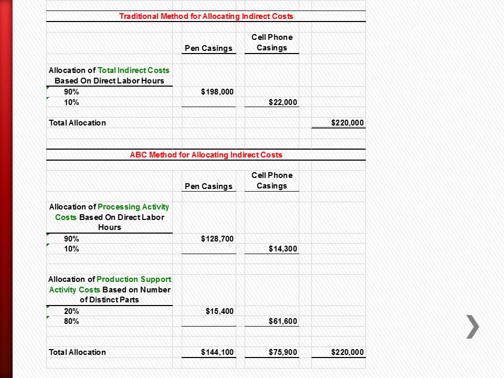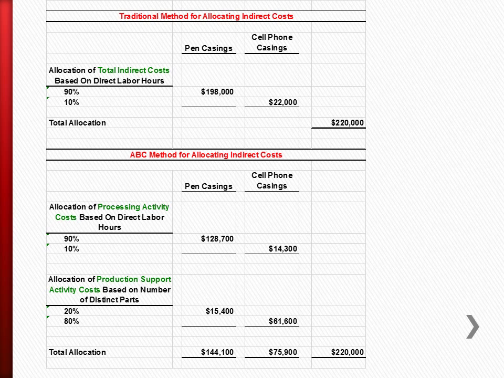That product line is going to get 20% of the production support activity cost, whereas cell phone casings had 20 of the 25 distinct parts, or 80%. Therefore, cell phone casings will get 80% of the production support activity cost. So you can see the 20%, or $15,400, assigned to pen casings, 80%, or $61,600, assigned to cell phone casings.